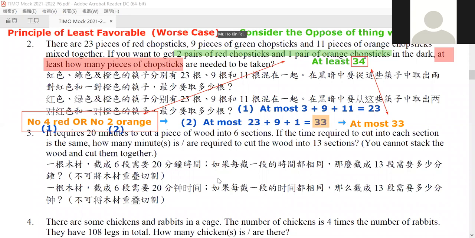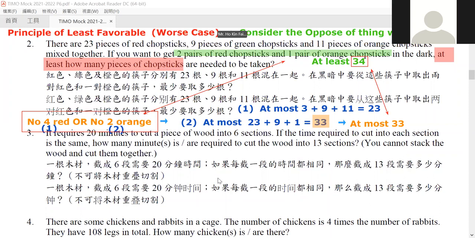Given the opposite of the things that we want, we conclude that if we want the orange case to be true, there can be at most 33 chopsticks. So in the worst case scenario, we can pick 33 chopsticks and we still do not get the green condition that we want, right?